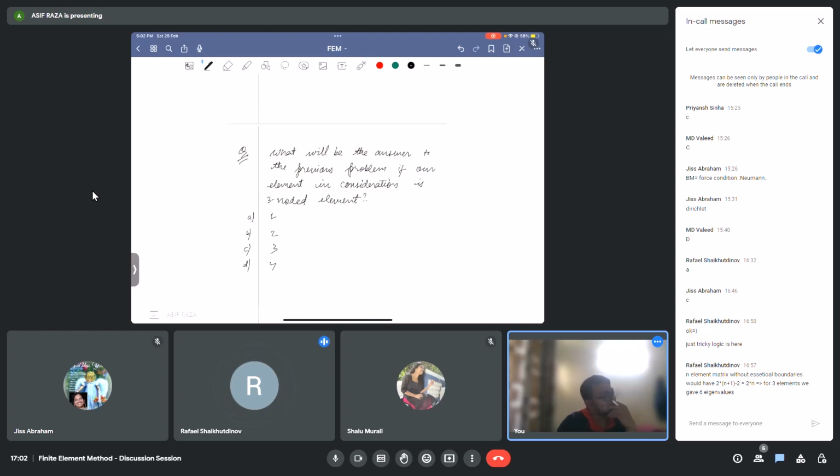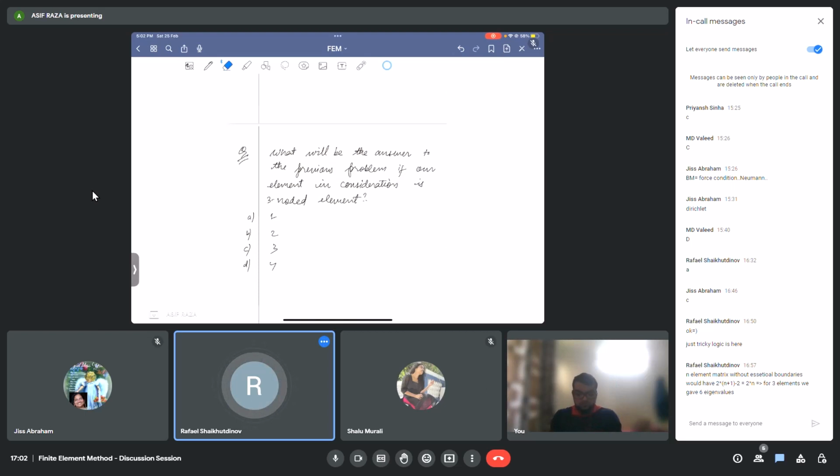Yeah, sure. Okay, if we consider a three nodal element, then we have 2 multiplied by n plus 2 plus 1 as the global stiffness matrix dimension. So 2n plus 2 plus 1 minus 2, it will be for a cantilever beam. Let's consider how much this is: 2n plus 4 plus 1 minus 2, it is equal to 2n plus 3, actually.